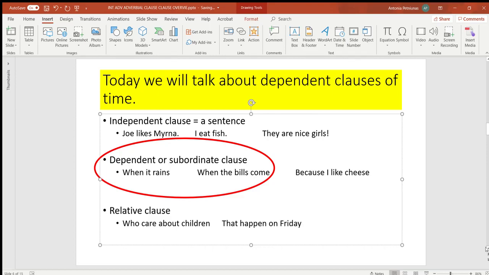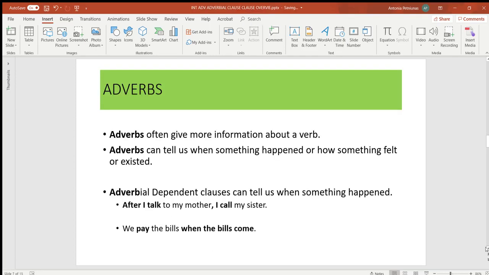All right, let's look at some examples. These are called adverbial clauses because adverbs can give more information about a verb. They can do many things, but they can give more information about a verb, like when, where, and the verb is the thing that happens.